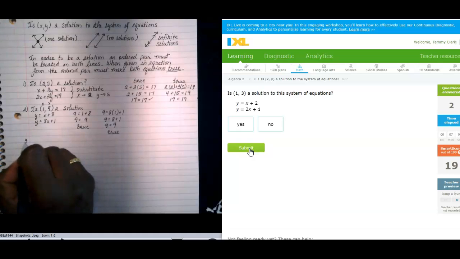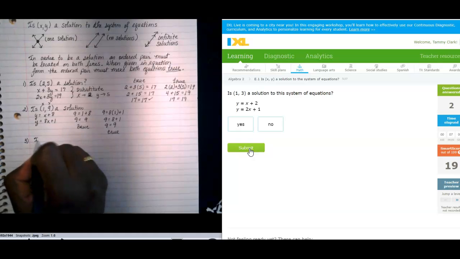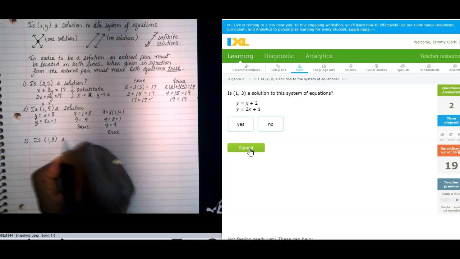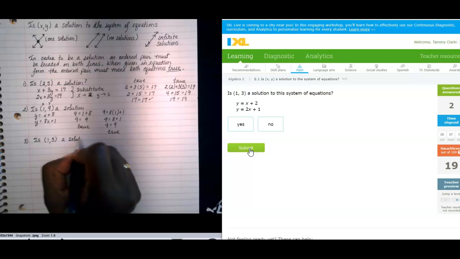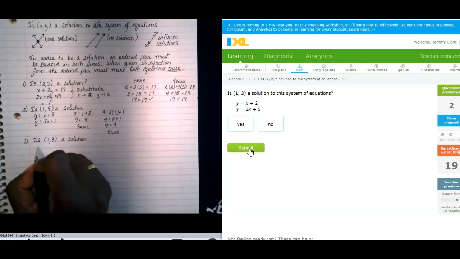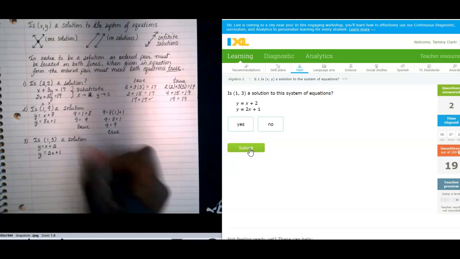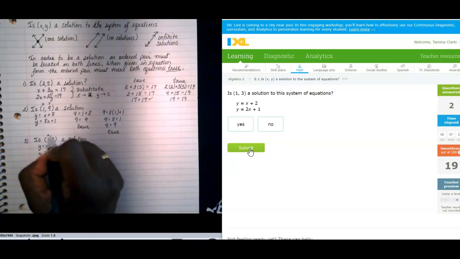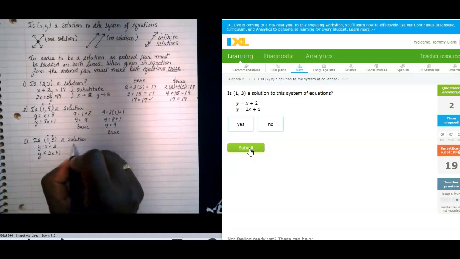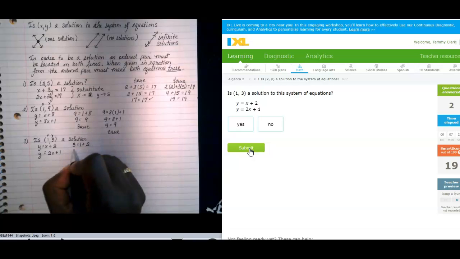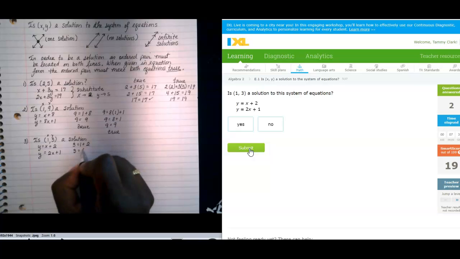Number 3, is (1, 3) a solution? So we've got y is equal to x plus 2. y is equal to 2x plus 1. And we're going to, again, substitute our values. This is x and this is y. So we've got 3 is equal to 1 plus 2. 3 is equal to 1 plus 2 is 3.